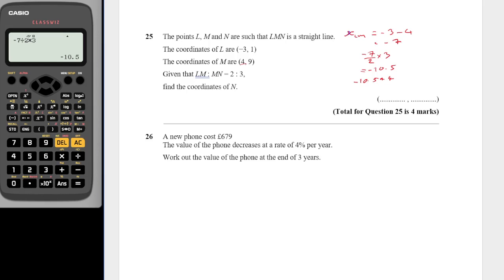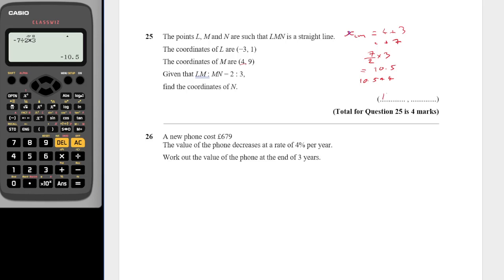Actually, I shouldn't have done minus. To get from there to there, we've actually gone +7. So it doesn't particularly affect things. It's just a little bit easier to explain my reasoning at the end. So to go from there to there, there's a difference of 4 minus -3, that'll be +7. So 7 over 2 times 3 is 10.5.